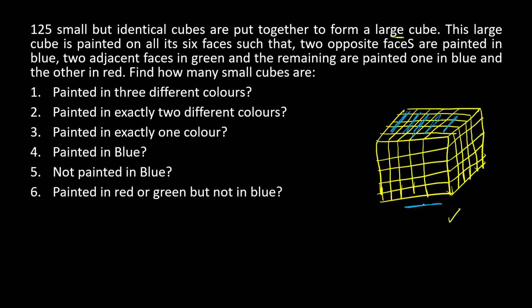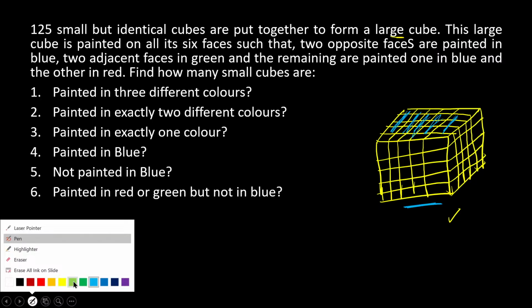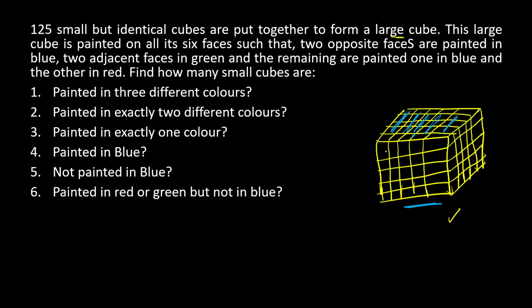As two opposite faces are painted in blue, the opposite face, I mean the bottom face, will be painted in blue too. Two adjacent faces in green. Let's assume these two, let it be painted in green, and this face, let it be painted in green.